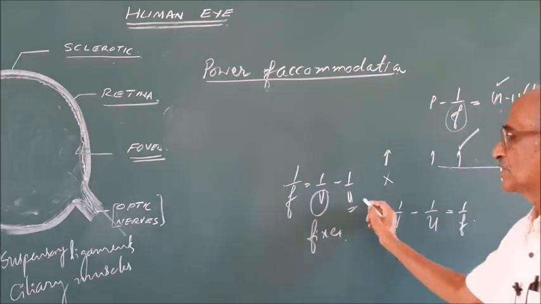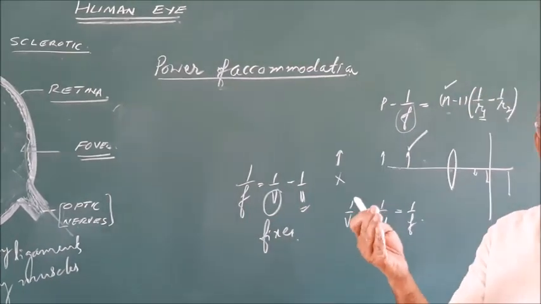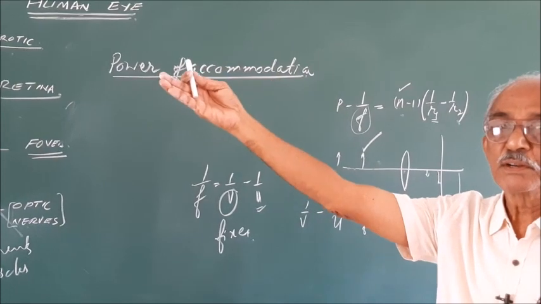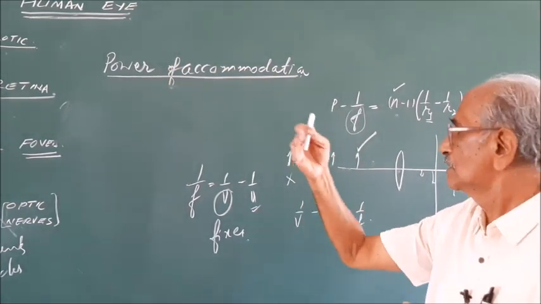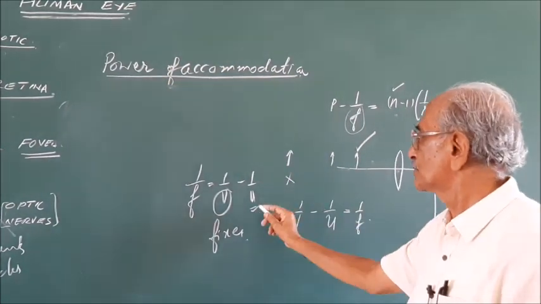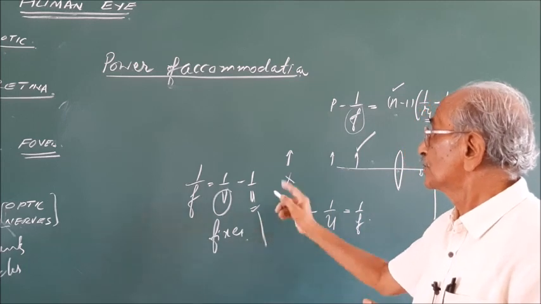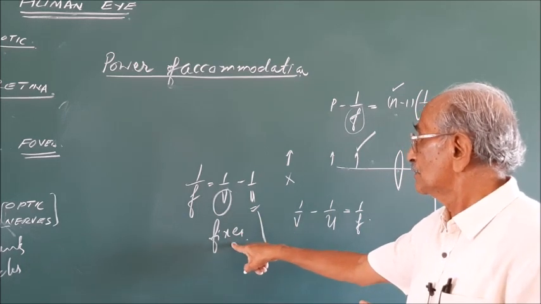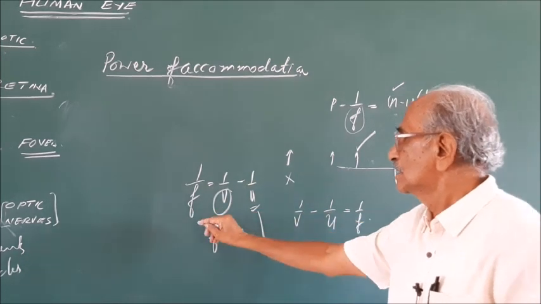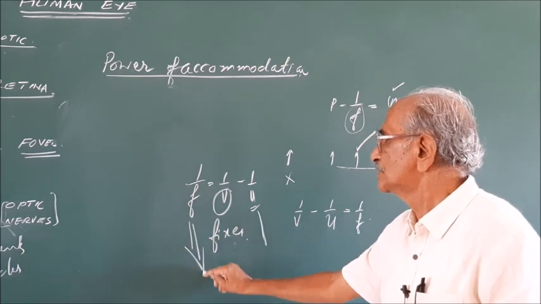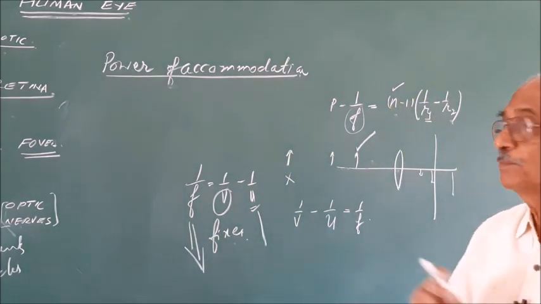Now this is object distance. Think of a book, think of a distant mountain. So we see near objects and far objects, that means this is variable. Therefore, in order to get the image always on the retina, this must be variable. Now how is it possible?